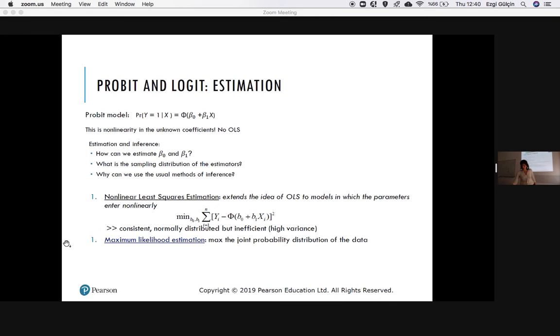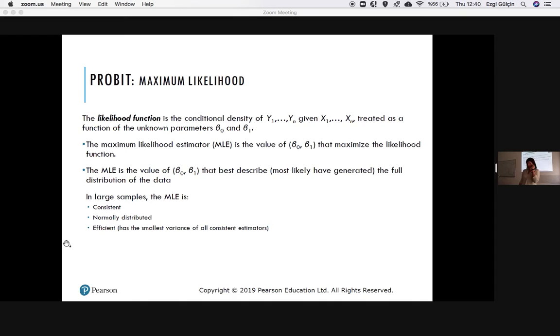So what is the joint probability distribution? We have already seen that in our review of probability. This is the probability of observing our data. And if we have a model with some regressors, this is the conditional density of our data, given the regressors.